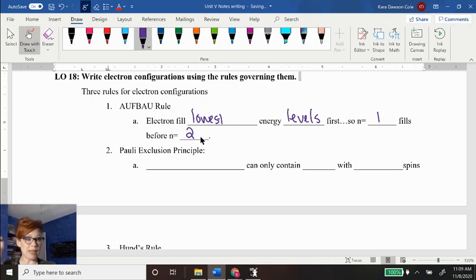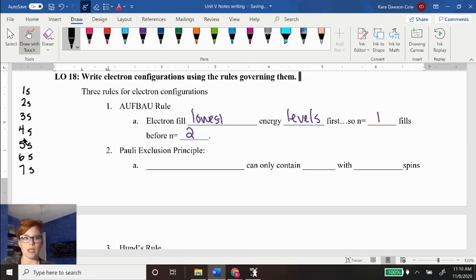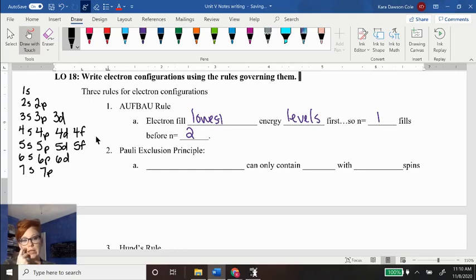Now, we can make a diagram for your orbitals. You have 1s and then 2s, 3s all the way to 7s. So if you layer these one on top of the other, the s orbitals over the p orbitals over the d and then the f, it looks something like this.